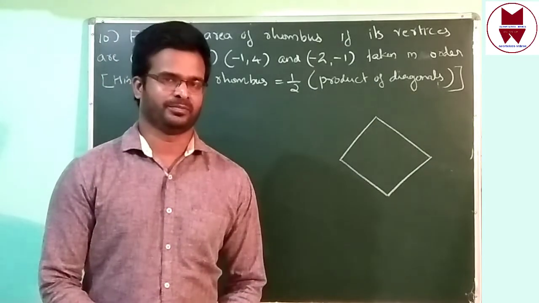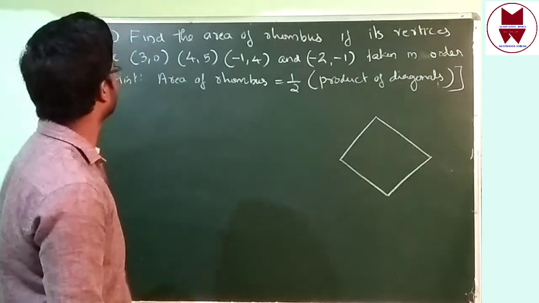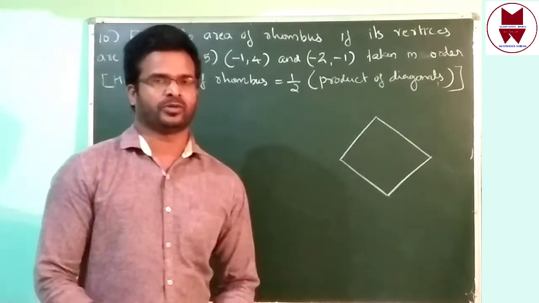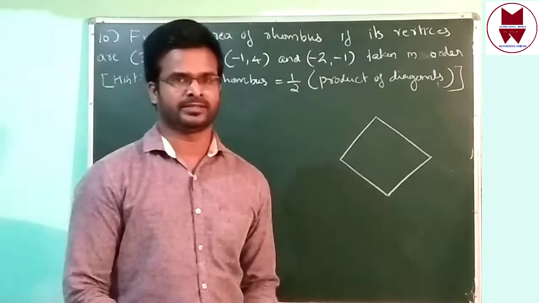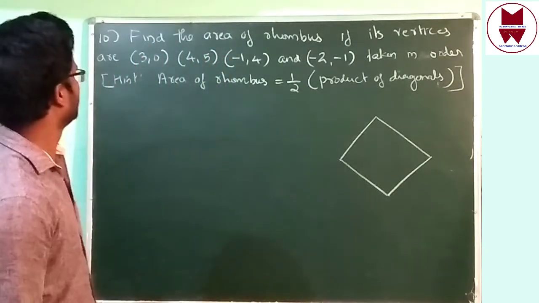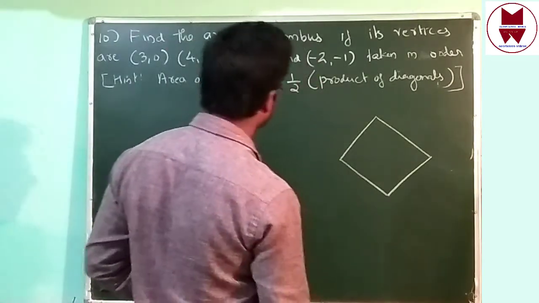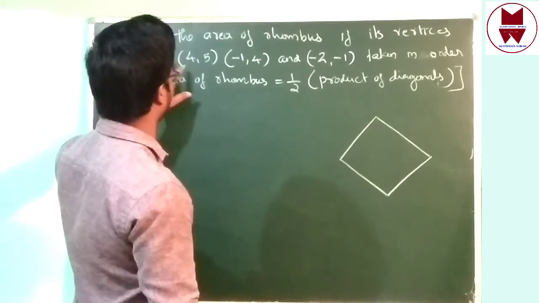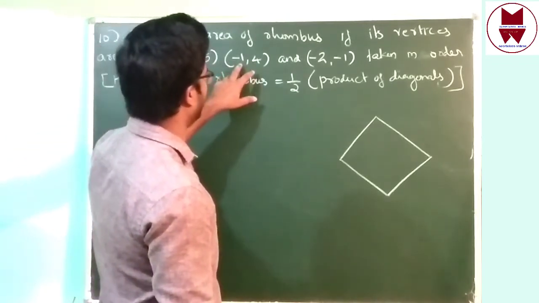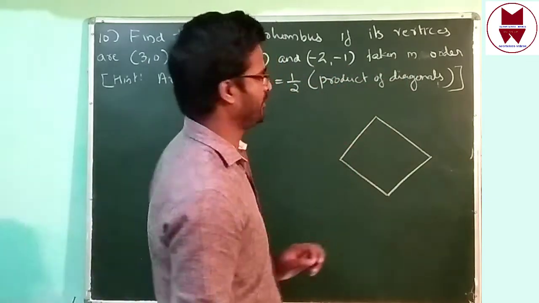You can see question number 10. This is the last question from this exercise. In this question, we are not using section formula. We will use distance formula only. Find the area of rhombus if its vertices are 3, 0, 4, 5, minus 1, 4 and minus 2, minus 1 taken in order.